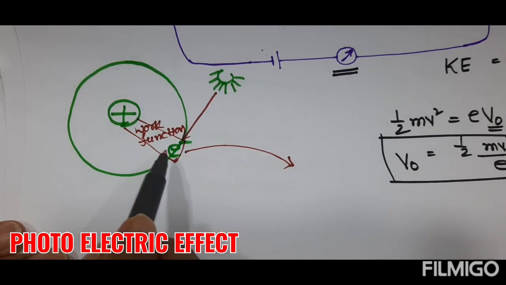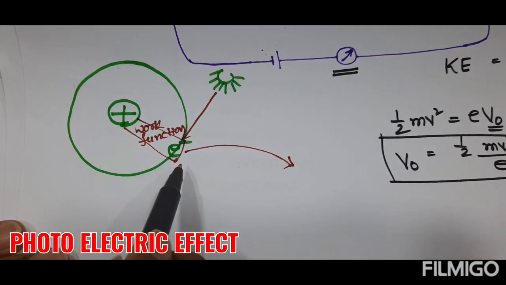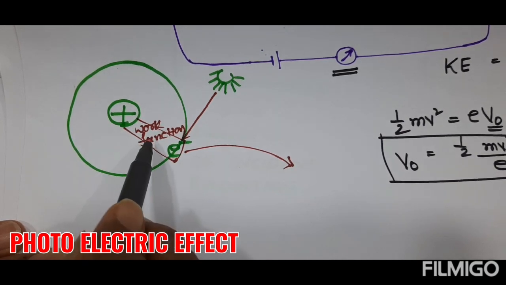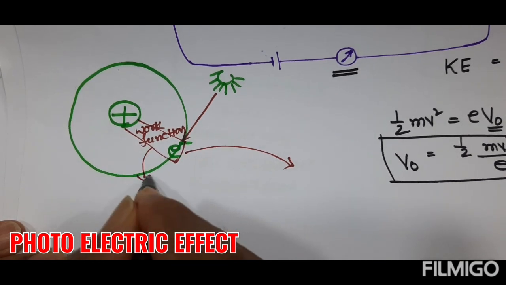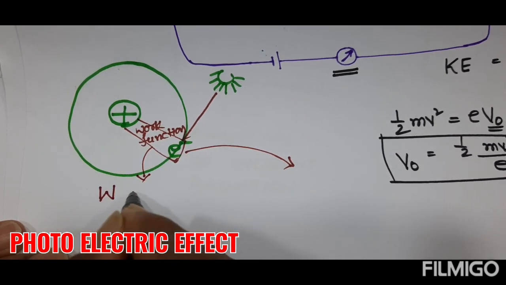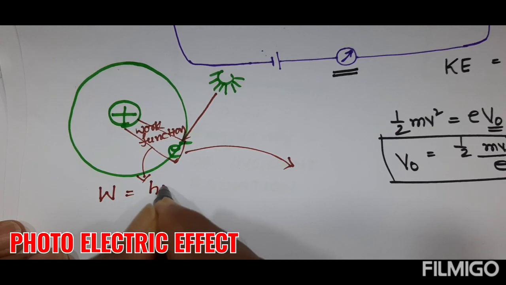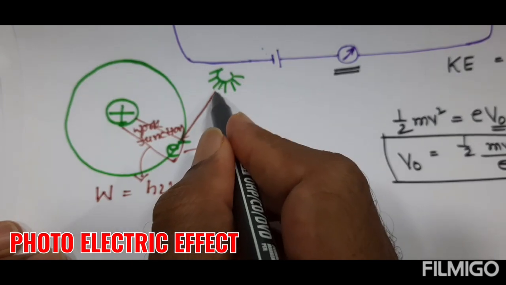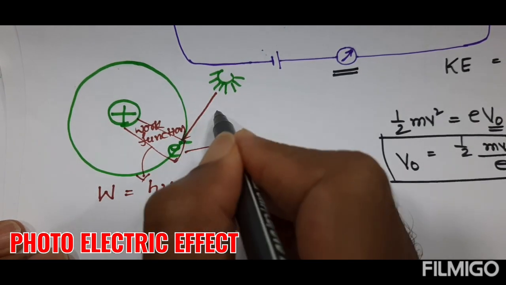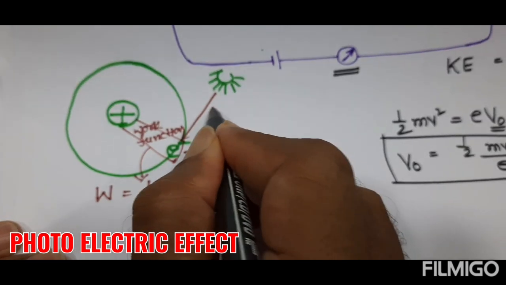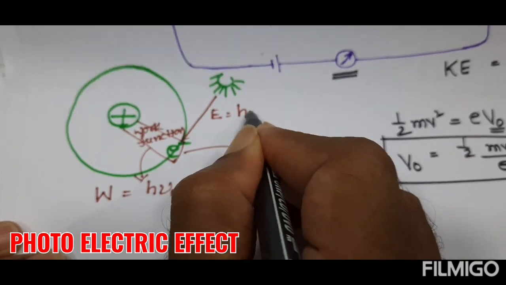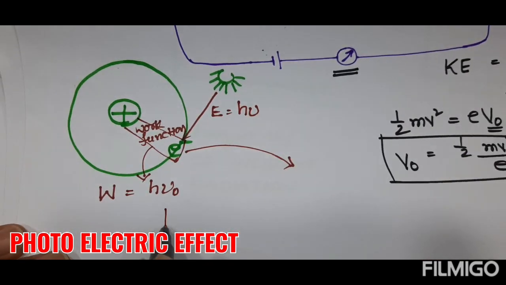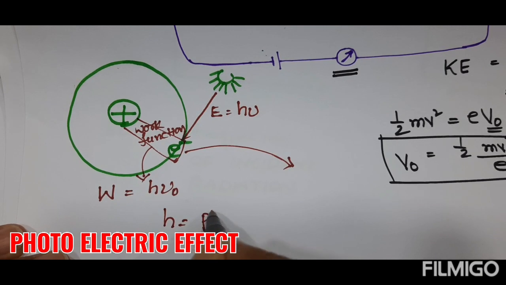The energy which is utilized to remove the electron from the nuclear attraction is called work function. Work function is denoted with W. It is equal to h nu naught. Here the radiation falling on this electron, its energy E is equal to h nu. Here h is called Planck's constant.